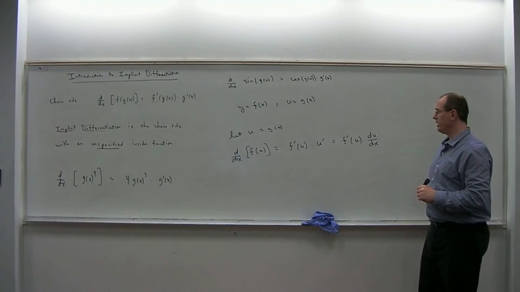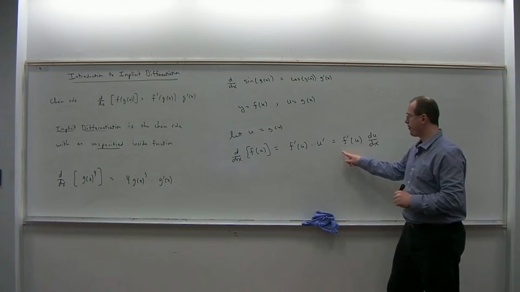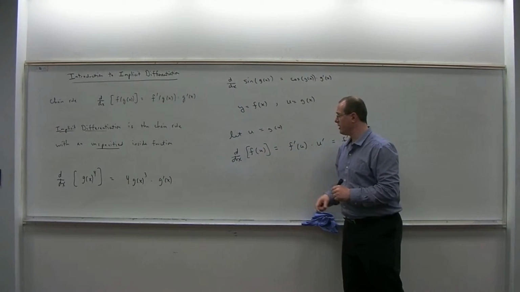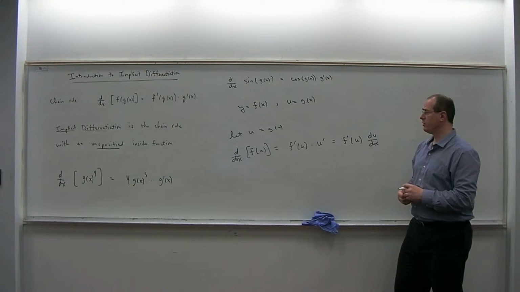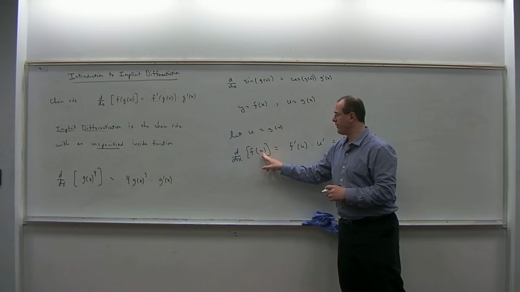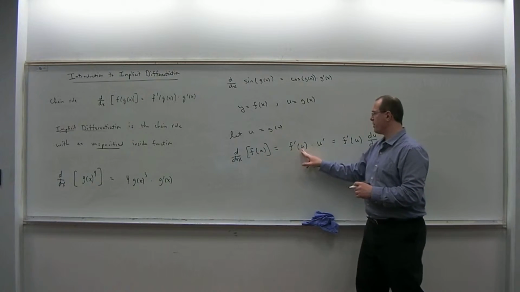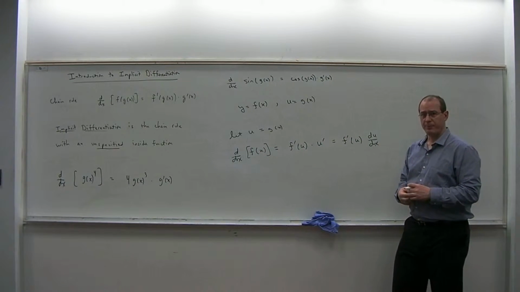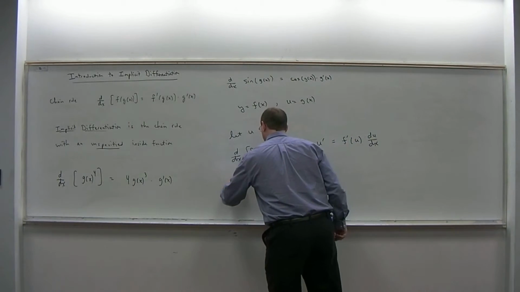So this is what the chain rule looks like in the single letter format, where u is taking the place of the inside function. So u is equal to g of x. F of u, where u is a function of x, the derivative is f prime of u times u prime. Let's look at an example.